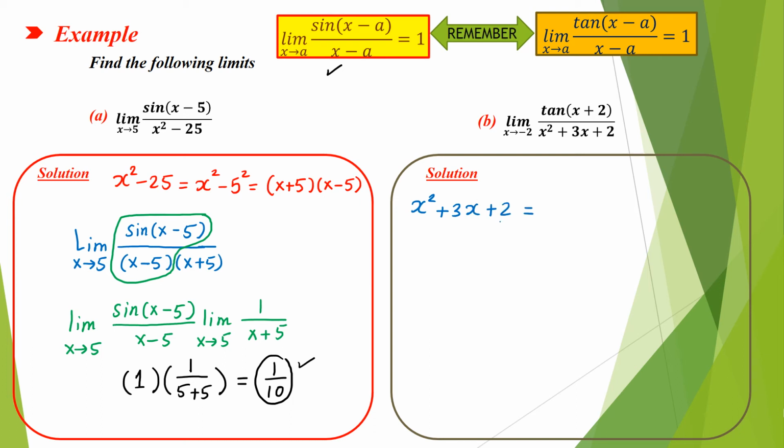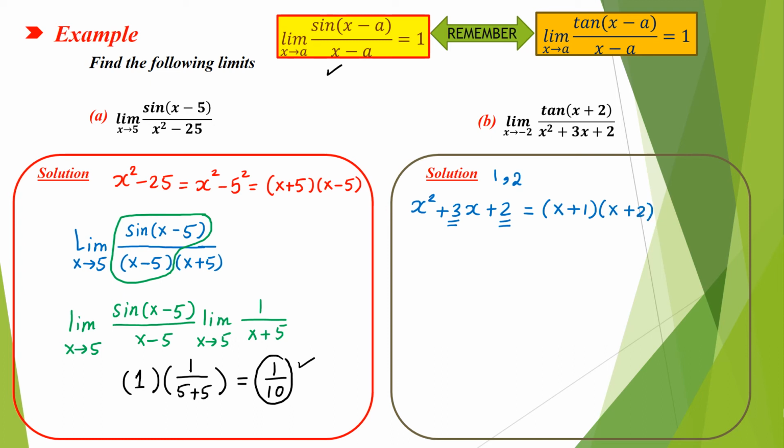You have to find two numbers whose product is 2 and whose sum is 3. These two numbers are 1 and 2. So the factorization of this quadratic is x plus 1 multiplied by x plus 2.